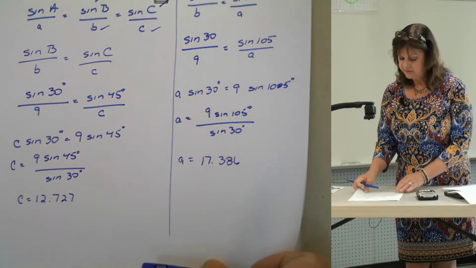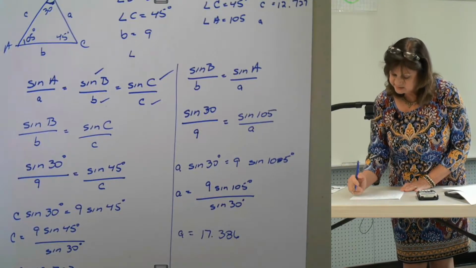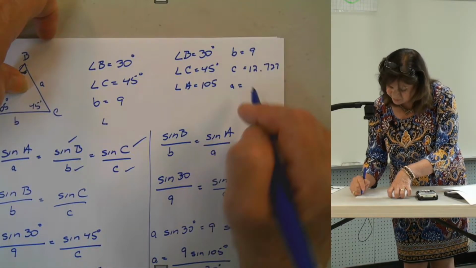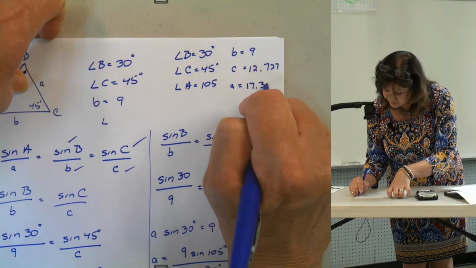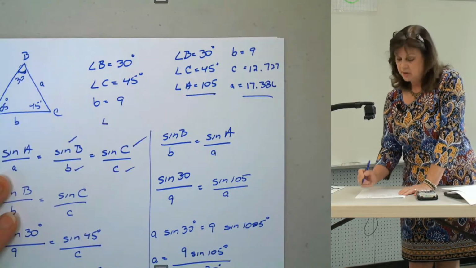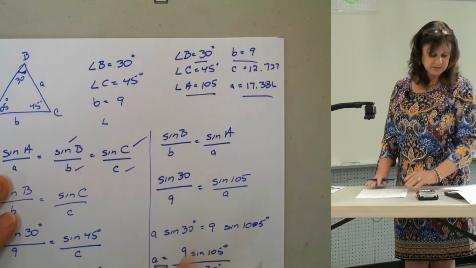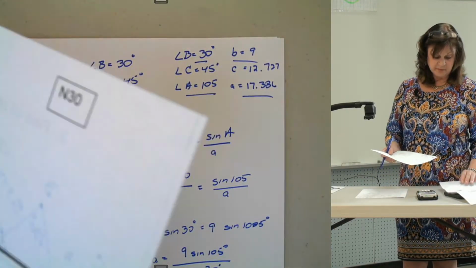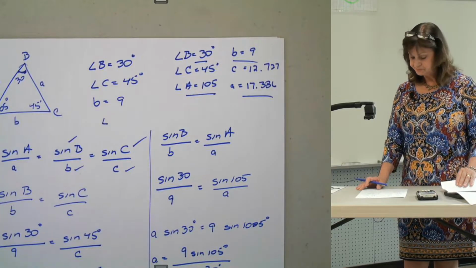And again, you have to ask yourself, does that make sense? If we come back up to where we have everything stored, our largest angle has our largest side measure. Our smallest angle has our smallest side measure. So that is exactly what we're looking for, and that's where we want to be.